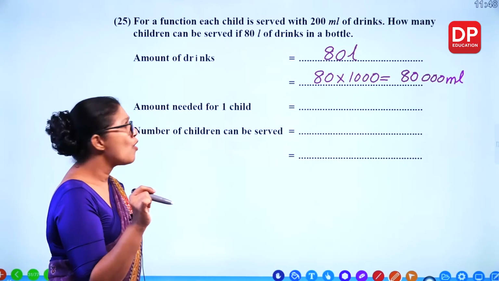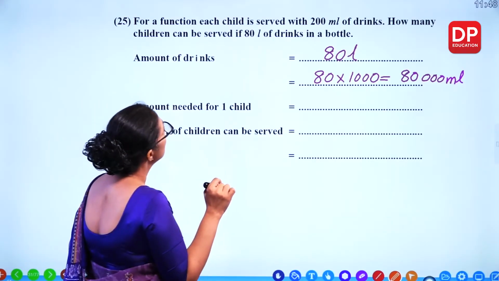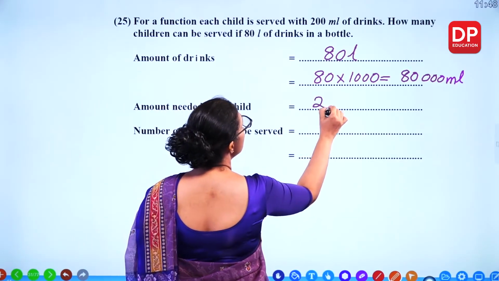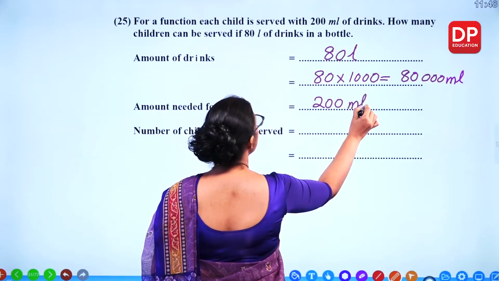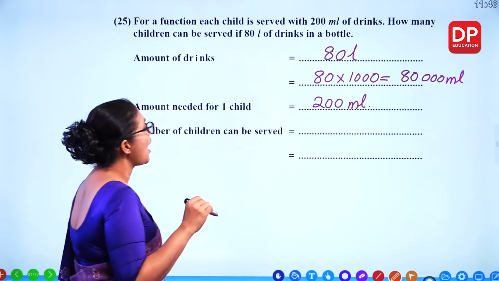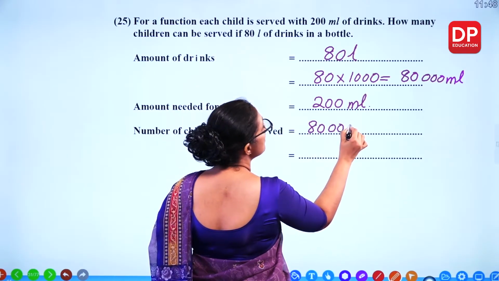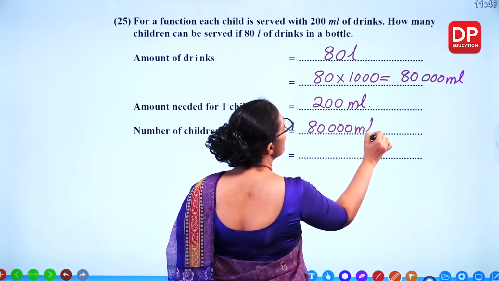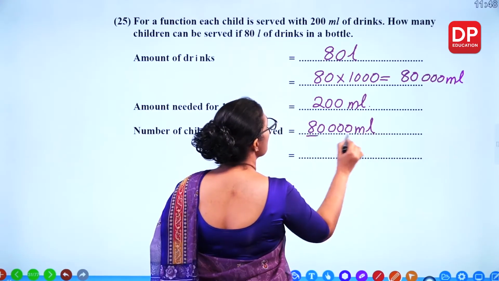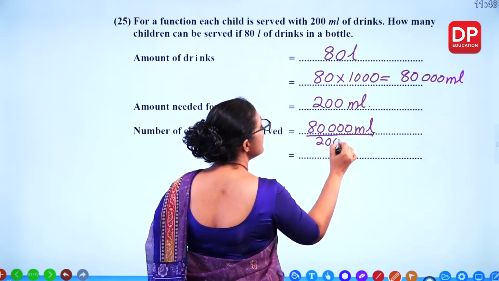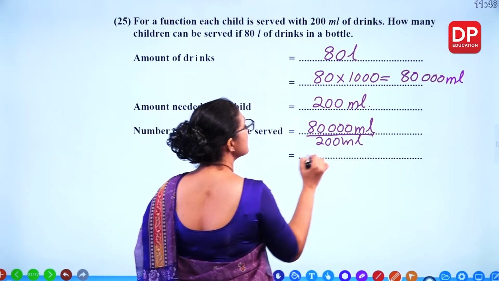So what's the amount each child gets? 200 milliliters. So the number of children that can be served is 80,000 milliliters divided by 200 milliliters.